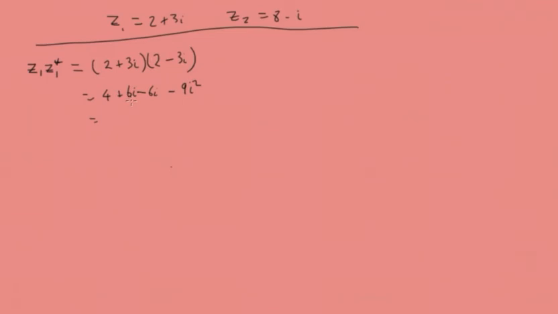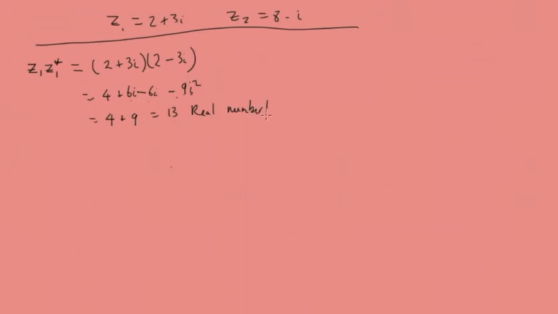So, plus 6i minus 6i, they're going to cancel. So we're going to have 4 minus 9, i squared is minus 1, minus 9 times minus 1 is going to be plus 9, so that gives us 13, which is a real number.